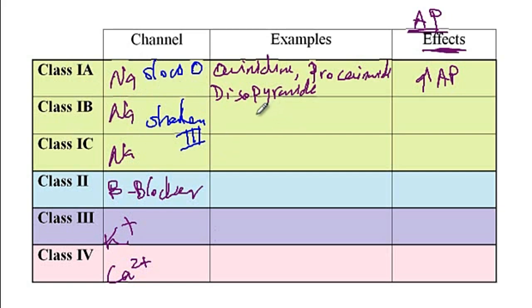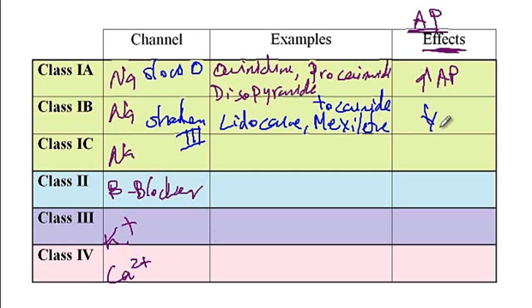So examples of class 1B include lidocaine, mexiletine, as well as tocainide. And so the effect of these medications on the action potential is that they decrease the duration of action potential by shortening phase 3.